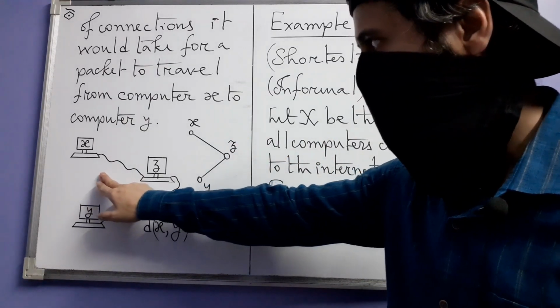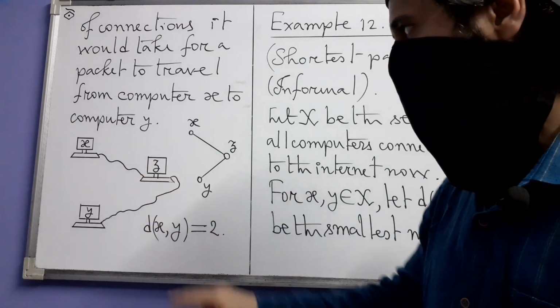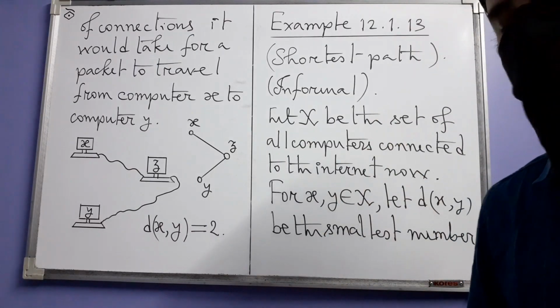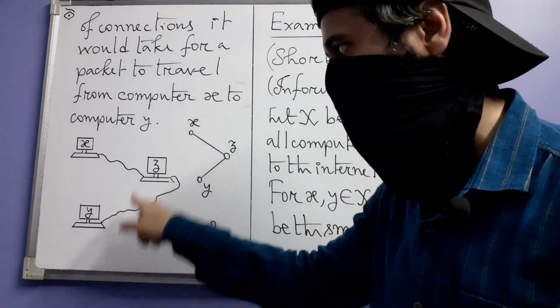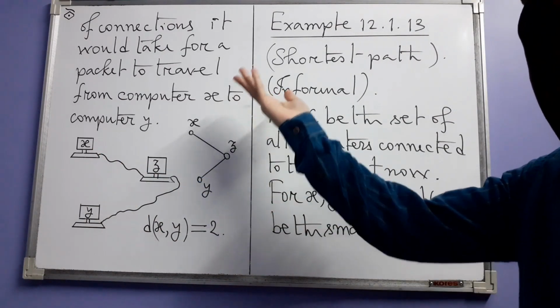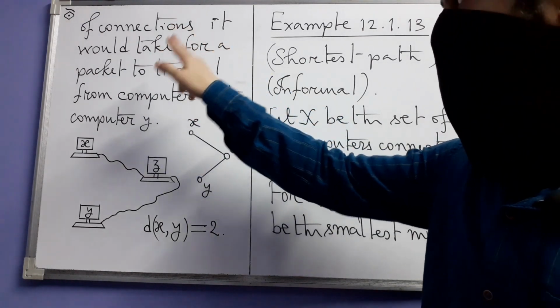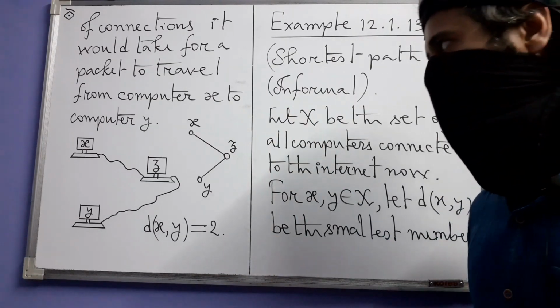Then the connection is made via z. So then the distance between x and y is 2, the minimum number of connections that would take you from x to y, or in the language of this network, the minimum number of connections it would take for a packet to travel from x to y.